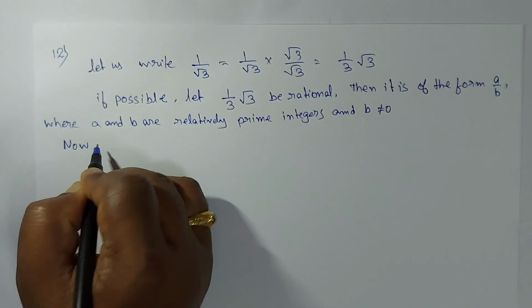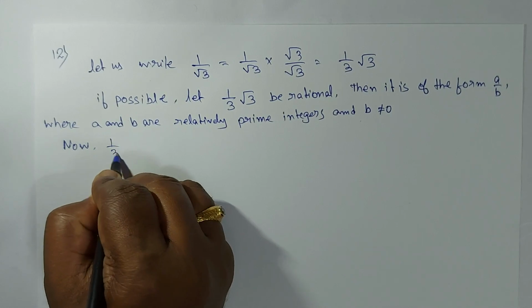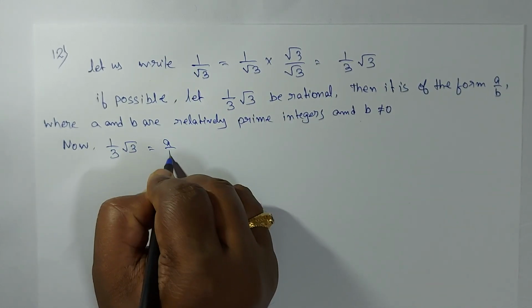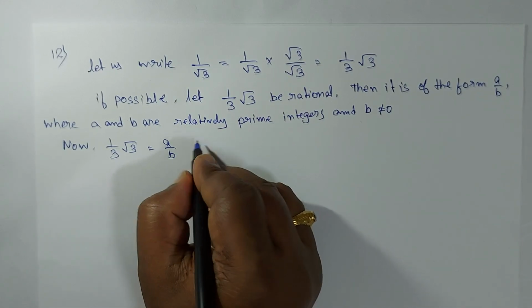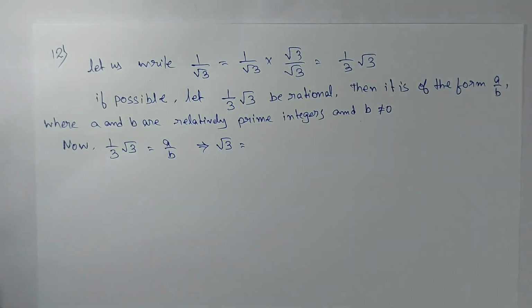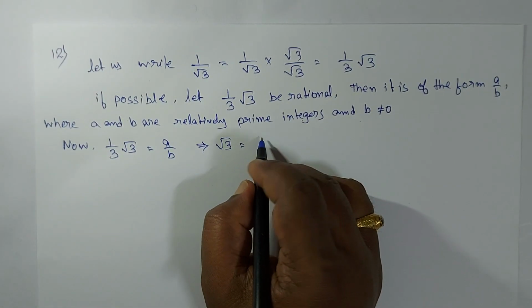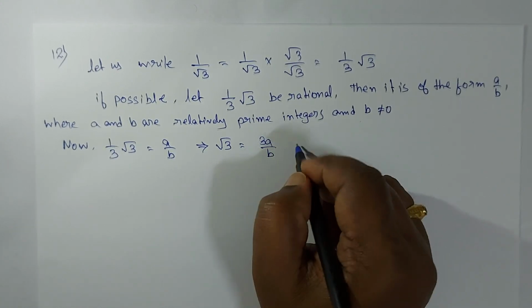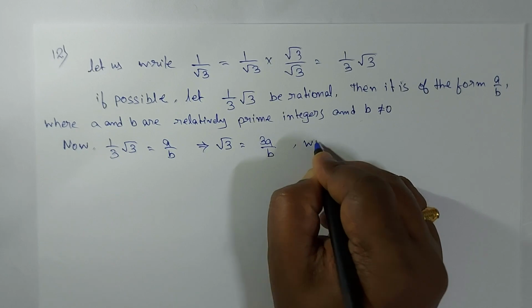Now 1 by 3 into root 3 is equal to a by b, that is root 3 equals 3a by b, which is rational.